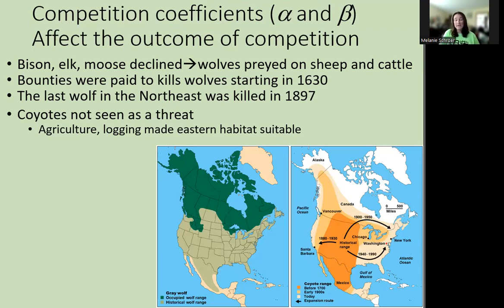Essentially, human disturbance is very much within their zone of tolerance, as opposed to wolves, who generally avoid human disturbance. And so both in the absence of their competitor species, the wolves, and with additional human disturbance, so more agriculture, more logging, the coyotes' range expanded from this darker orange here out into the rest of the country.